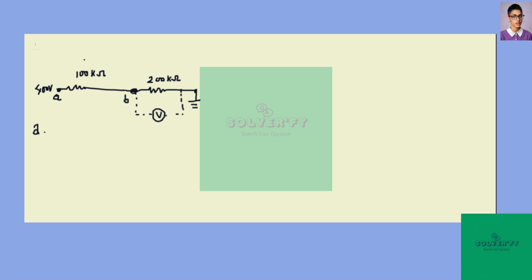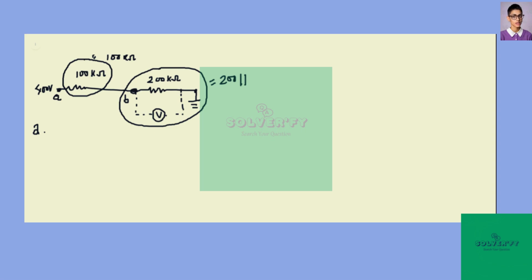One is 100 kilo ohm, and the other is 200 kilo ohm combined with the resistance of the voltmeter, right? So the voltmeter is in parallel, so this resistance is always 100 kilo ohm, whereas this resistor here is 200 kilo ohm parallel the resistance of the voltmeter.